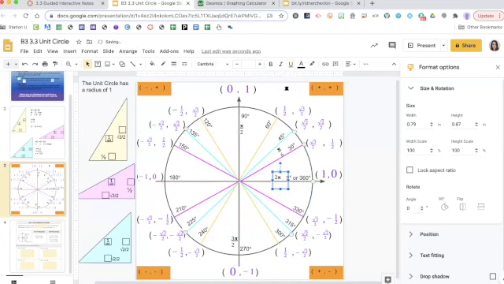Okay, going all the way around the circle is 2 pi. So I'm doing all the easy ones here. 180 is equal to pi. Then you can actually start thinking about it as like pi pieces, right?